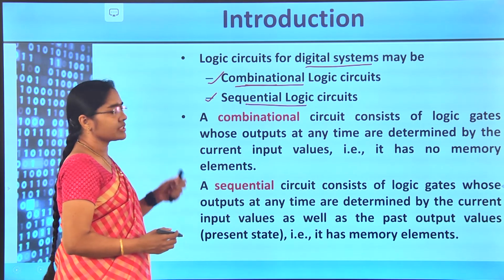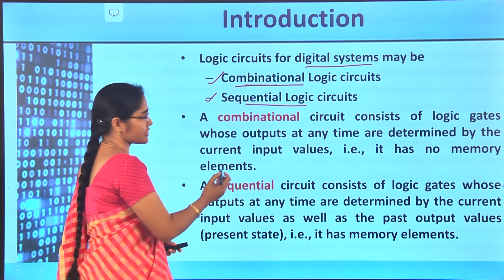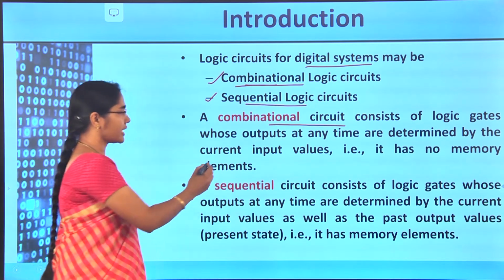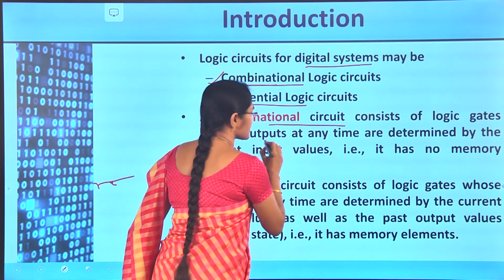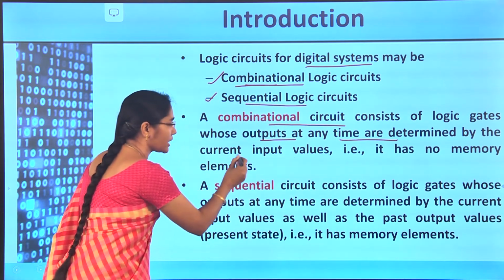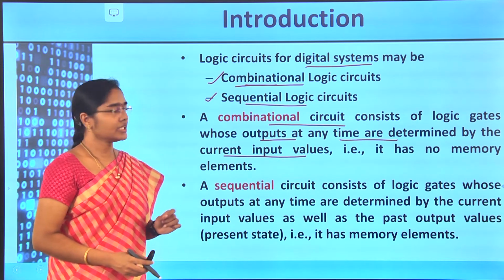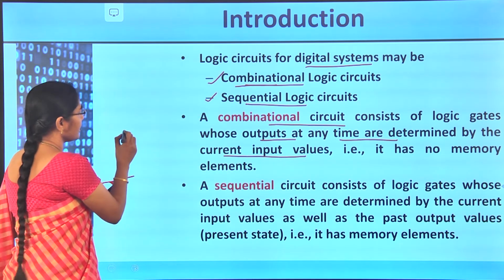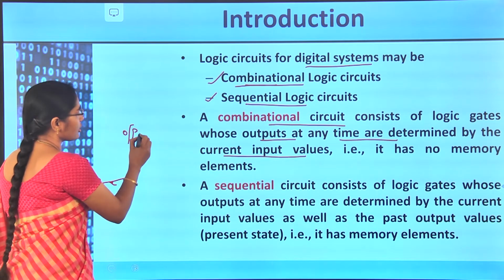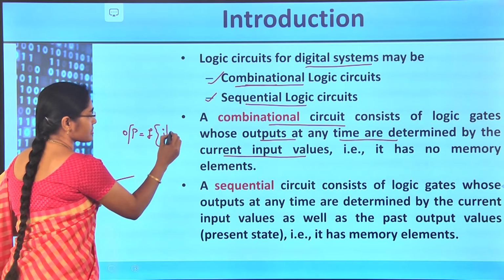First, let us see the definition of combinational and sequential logic circuits. A combinational logic circuit consists of logic gates whose outputs at any time are determined by the current input values. It means the output in a combinational logic circuit is a function of the current inputs.